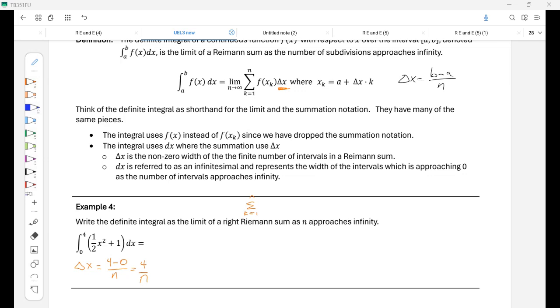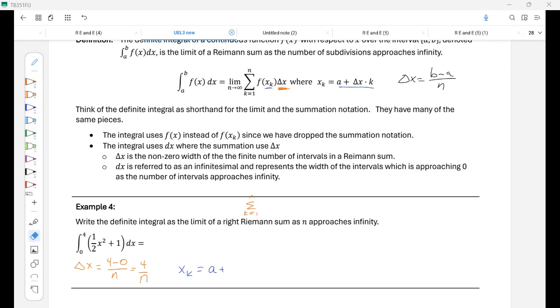Next, we've got to figure out x sub k. x sub k is our starting value plus however many intervals deep we are into our set of rectangles. So that's going to be a plus delta xk.